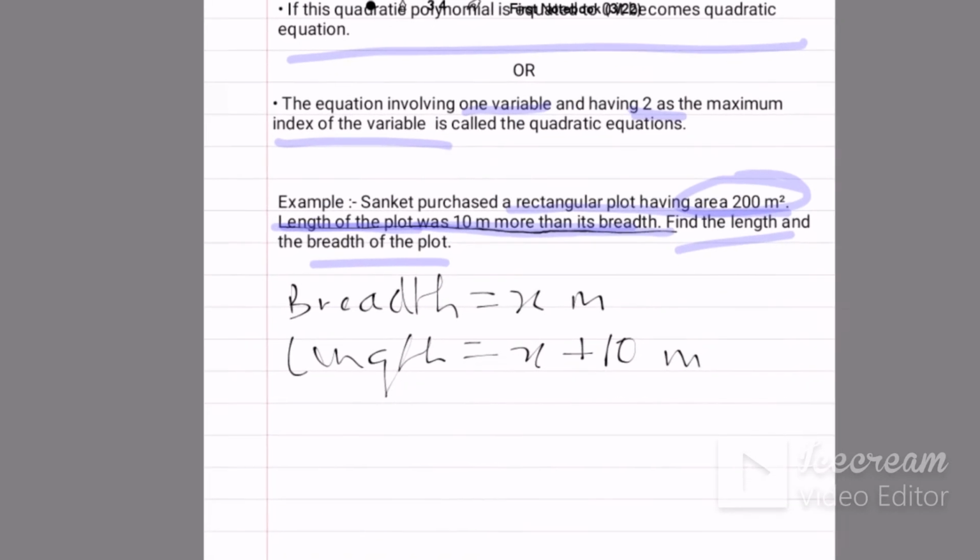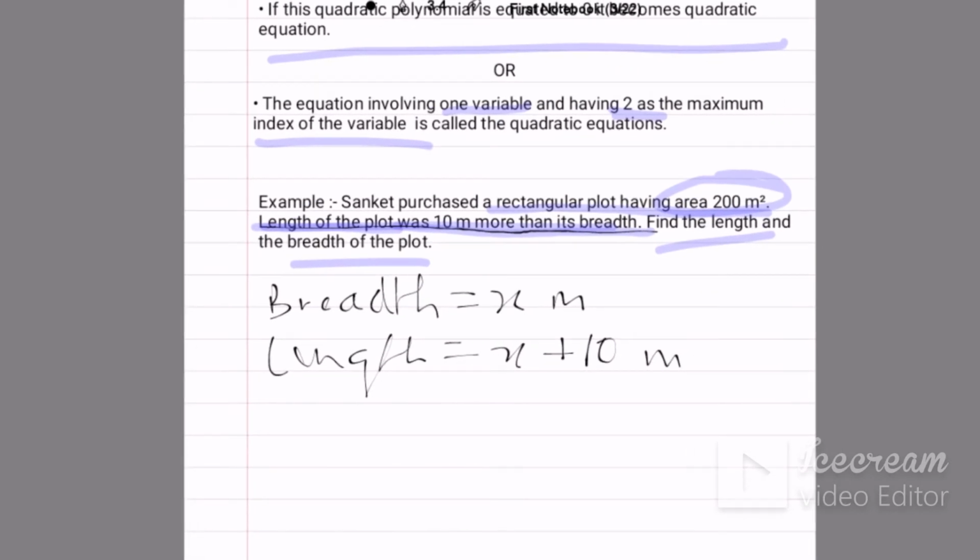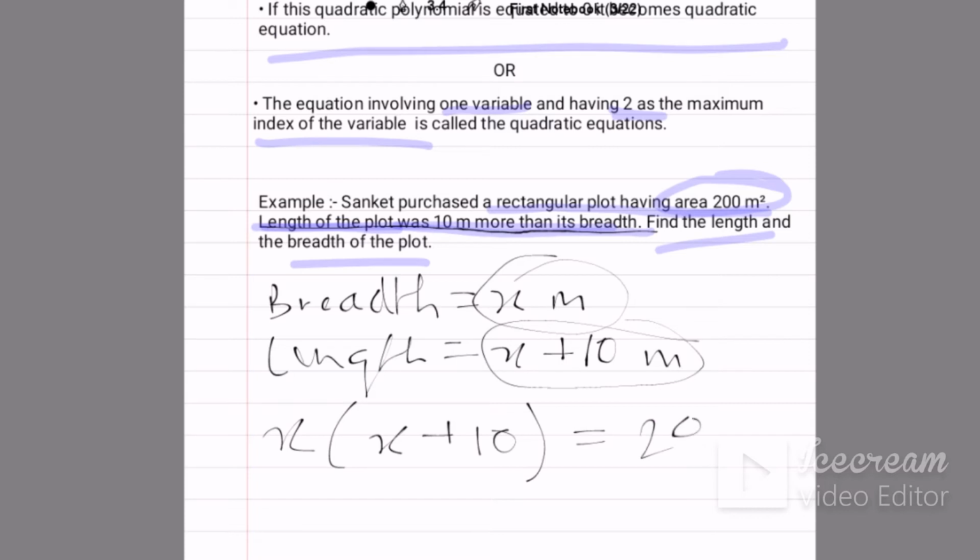The other thing they have given is the area of this plot is 200 meters square. Now how do we get the area of a rectangular plot? Length into breadth is equal to area, right? So we just multiply these two terms, that is x into x plus 10 is equal to the area, that is 200.